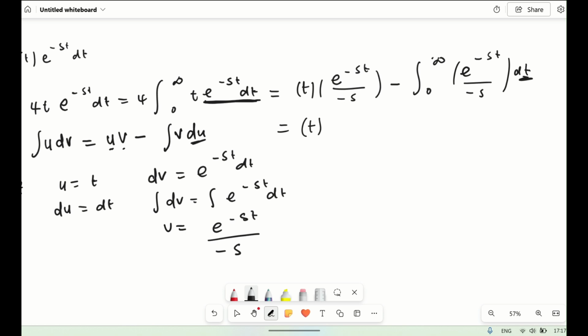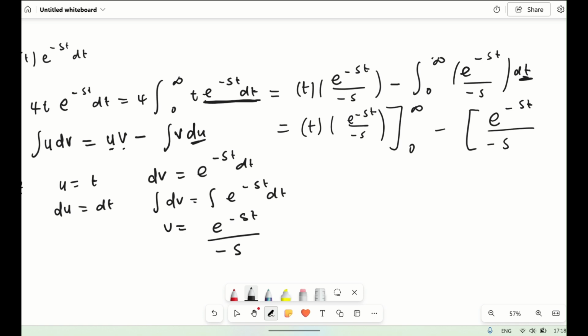So now let's integrate the remaining one. Also this one is from 0 to infinity, minus, now when you integrate this, it's going to be e to the negative st over minus s.